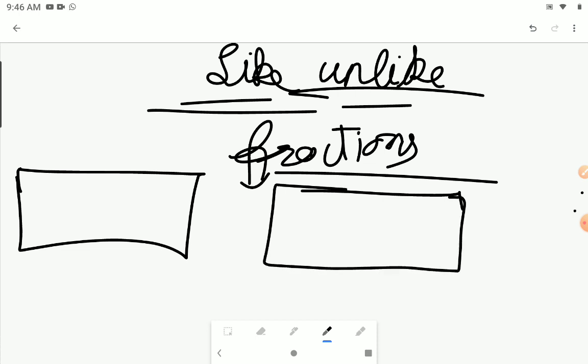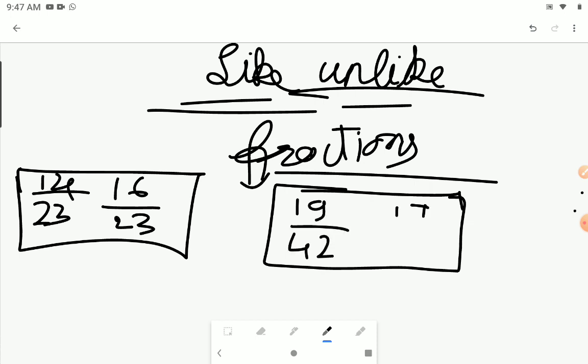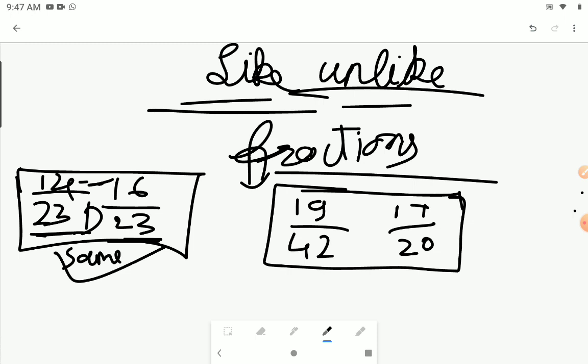Now see, if I have numbers such as 23/40, 14/23, 16/23, and so on, in these the denominator is the same. The numerators never matter. Since the denominator is the same, it is called a like fraction.